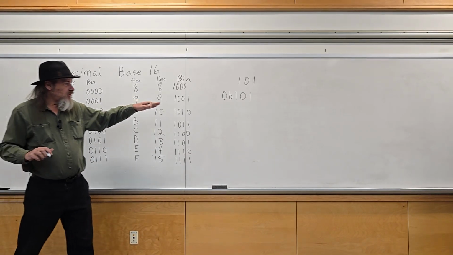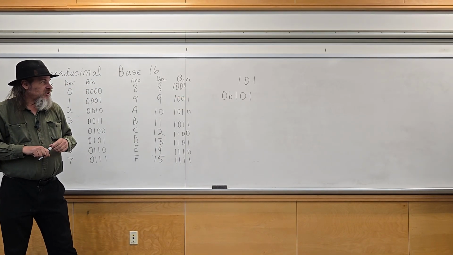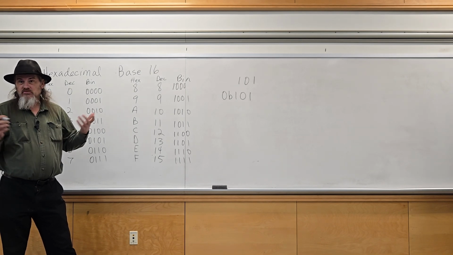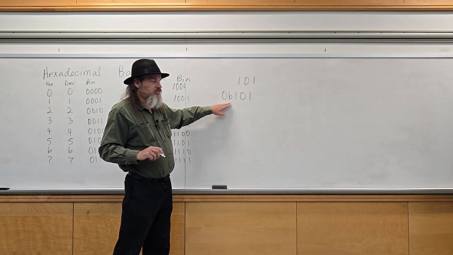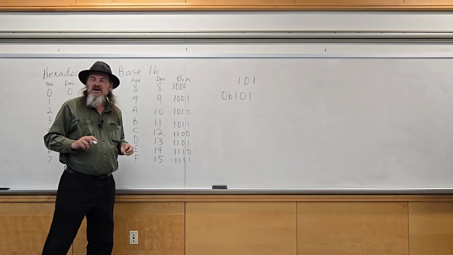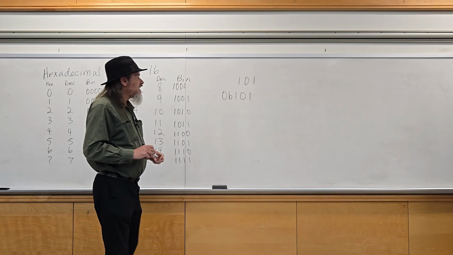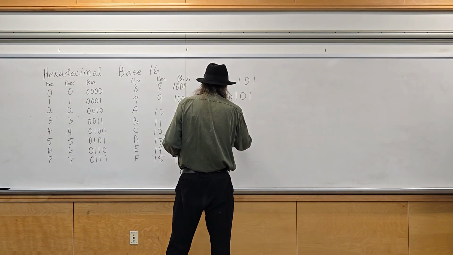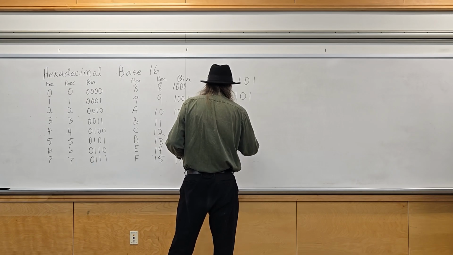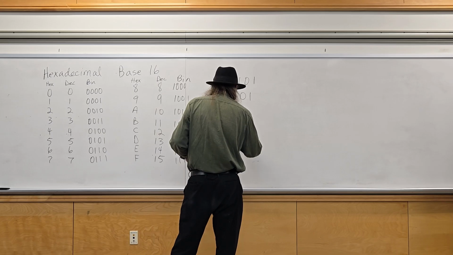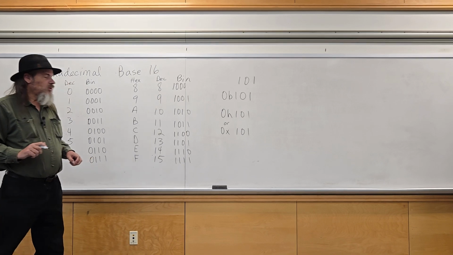So if you want to represent a number in binary, which sometimes you do want to do, precede it by a 0B, and then your string of ones and zeros. If you want to do hexadecimal, you would precede it by a 0H or a 0X.